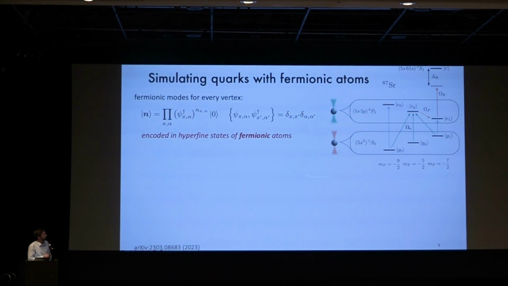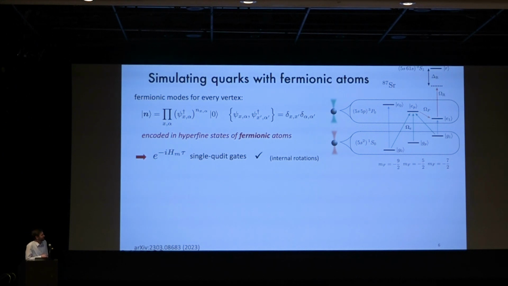And then if I have a level scheme like this, for example, here I have some excited states, so I can play my internal qubit games to do arbitrary qubit rotations. And this already takes care of the third term, or the fourth one actually, that I showed on the second slide. So these operations that act only on vertices, that are kind of the mass terms for the fermions, now take the form of single qubit gates, and I have taken care of them basically already.